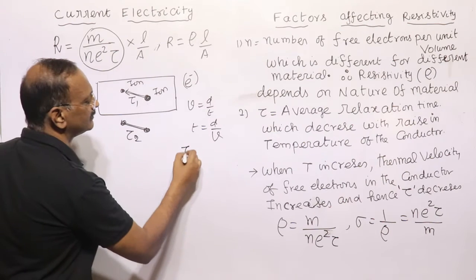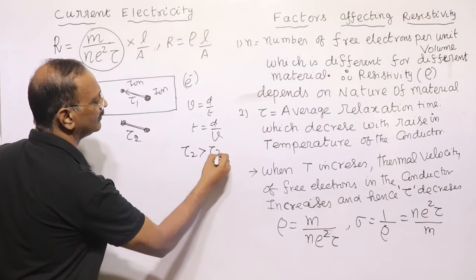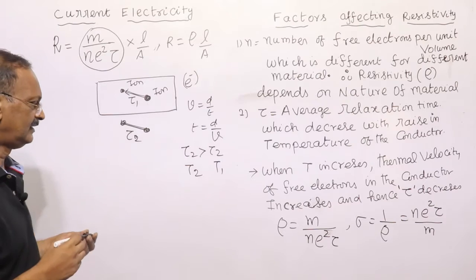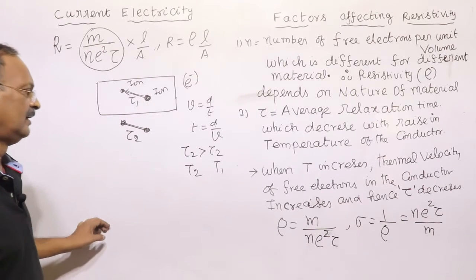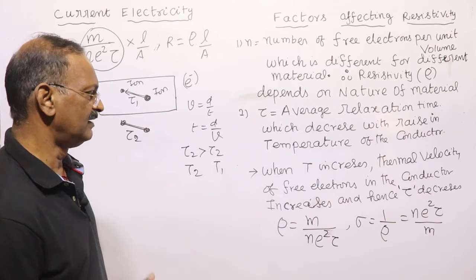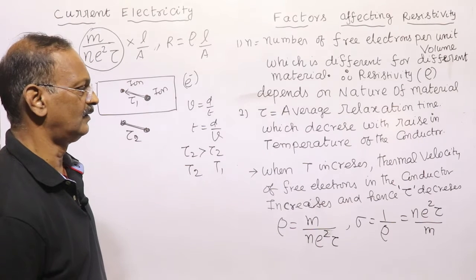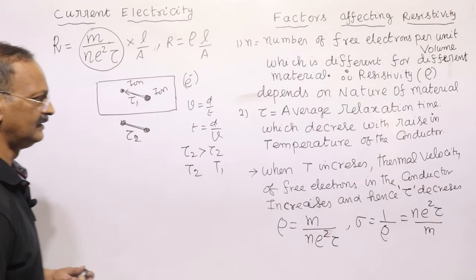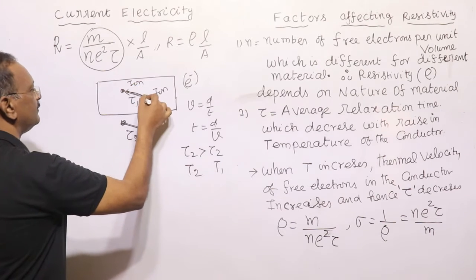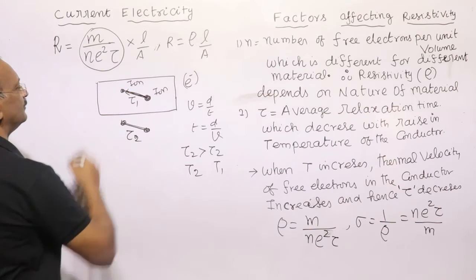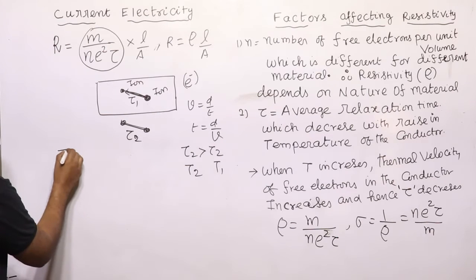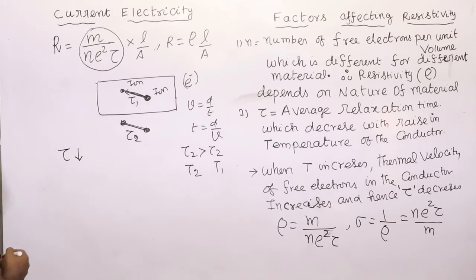It means tau 2 at the increased temperature T2 will be less than tau 1 at temperature T1. So when temperature increases, the thermal velocity of free electrons in the conductor increases, the collision time decreases and hence tau decreases.